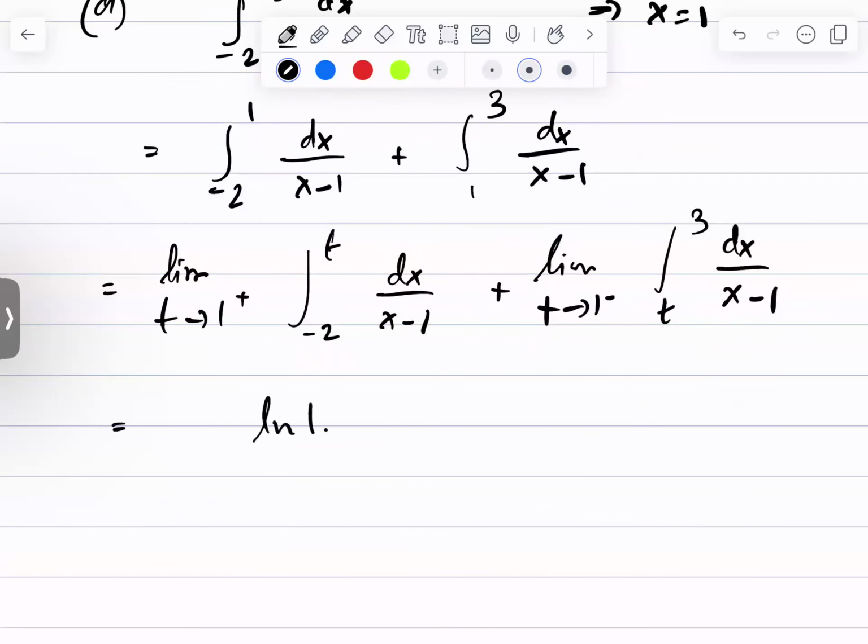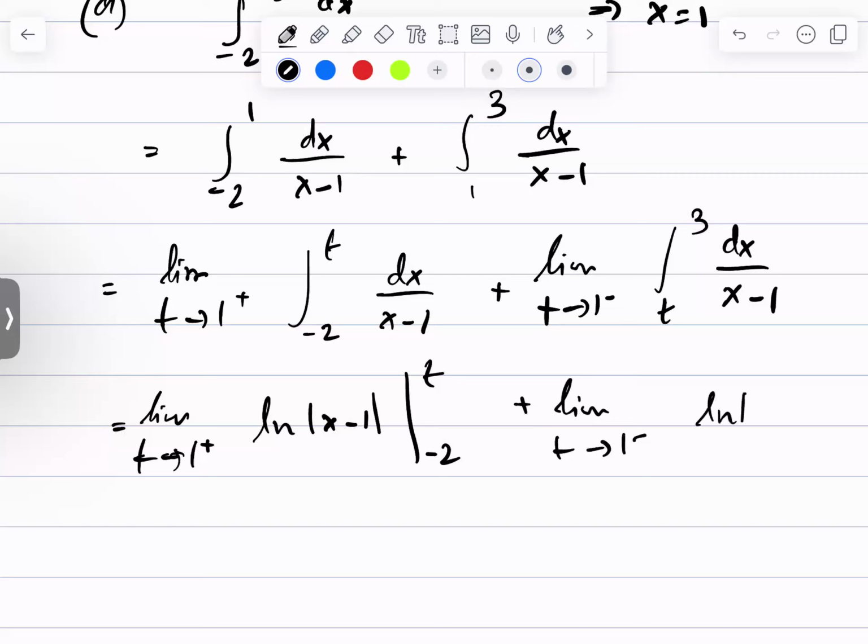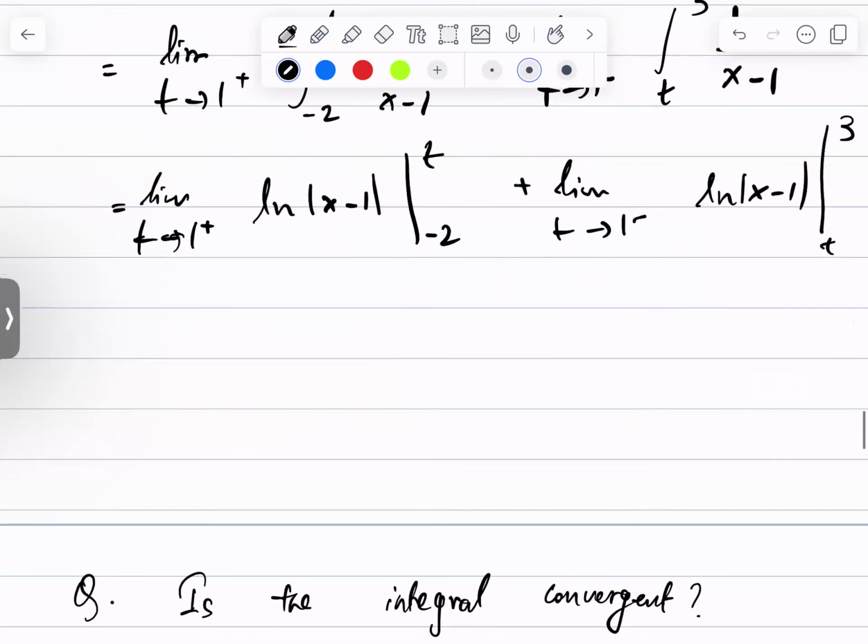I have ln of modulus x minus 1 from minus 2 to t, limit t tends to 1 plus, and this, limit t tends to 1 minus, ln of modulus x minus 1, which goes from t to 3, right?